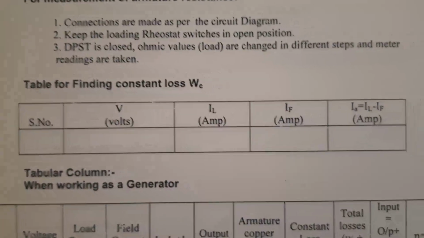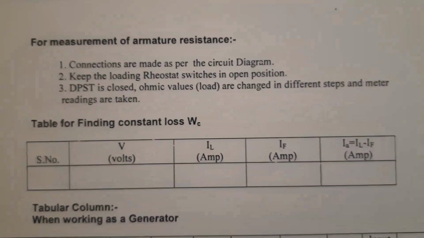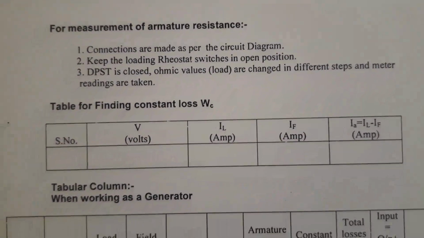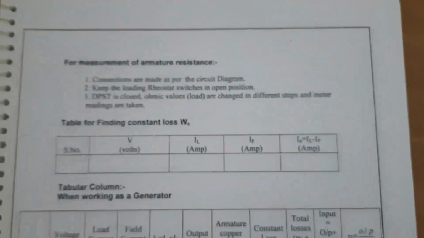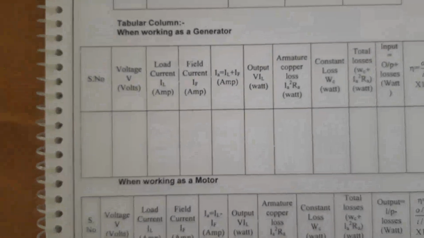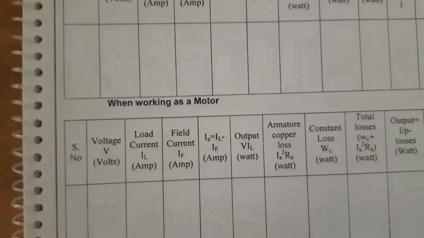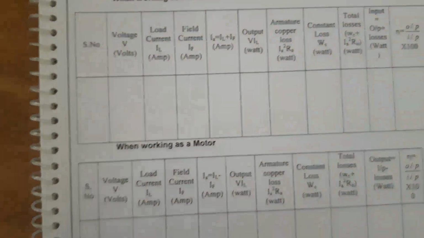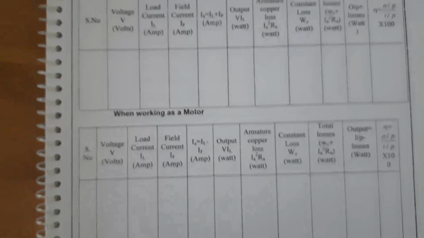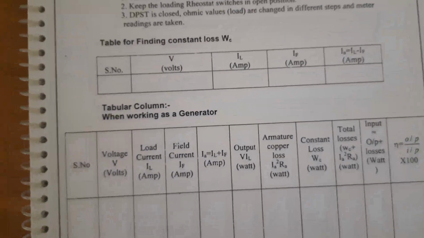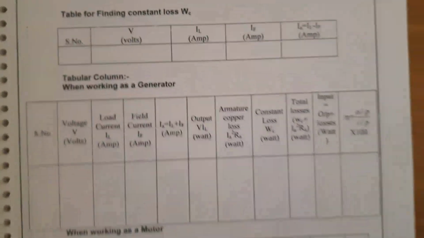So with the help of these readings, we can calculate the armature current, and after that we can calculate the constant losses, and after calculating the constant losses, we need to calculate the efficiency when the machine is acting as a generator and when it is acting as a motor. We need to complete these two tables that we will see in the calculation part, in another video. And one more thing is, we need to get the RA value for getting the constant losses.